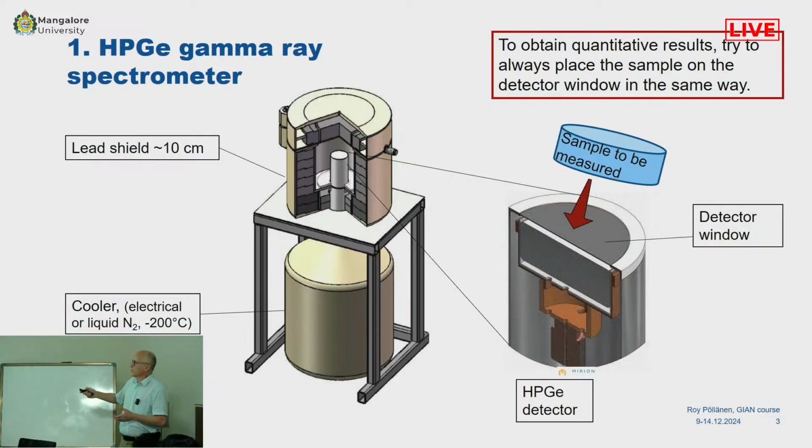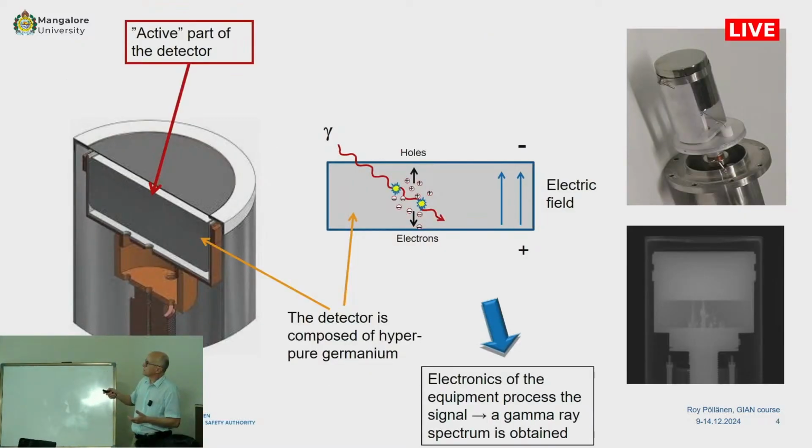This window could also be, for example, beryllium material. All right. So, once more, this is the so-called active part of the detector.